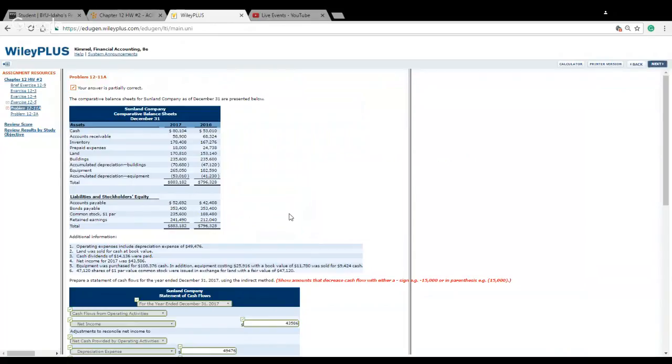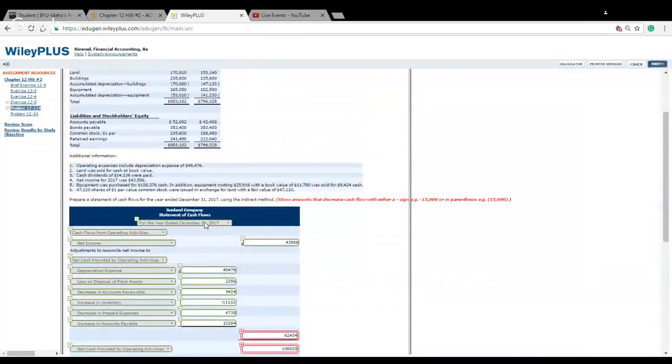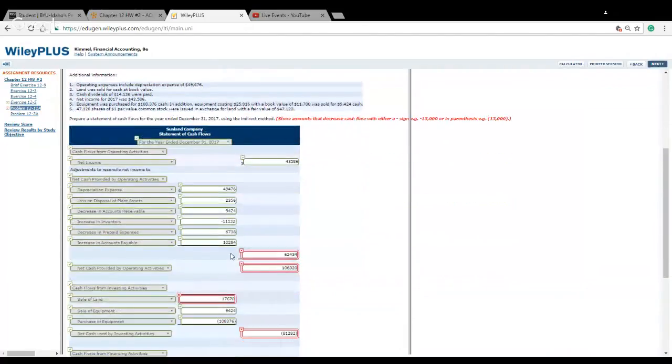So the first thing that I did, the only thing that I really did correctly, was just organize it, make sure that you have the proper headings. So here is for the year ended December 31st, 2017. And then you just order things: cash flows from operating activities, then the net income, and just make sure that you put all the operating activities together.